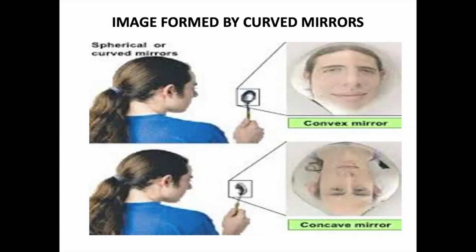You will see different positions. It is inverted, indicating that the rays are meeting. So just move it and the size may change. But in the case of a convex mirror, on the back side of the spoon, just move it, and the image is always going to be smaller and always erect. You can check this at your place.